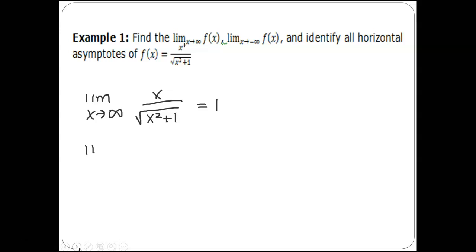So as x is getting really, really big negatively, the top is a negative one, but the bottom is a positive. So we get -1.